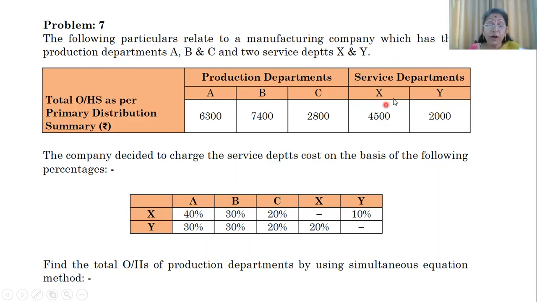Then after finding the cost of both service departments X and Y, we redistribute to production departments on the basis of the given percentages. Are you clear about this? Okay, we move to the solution.